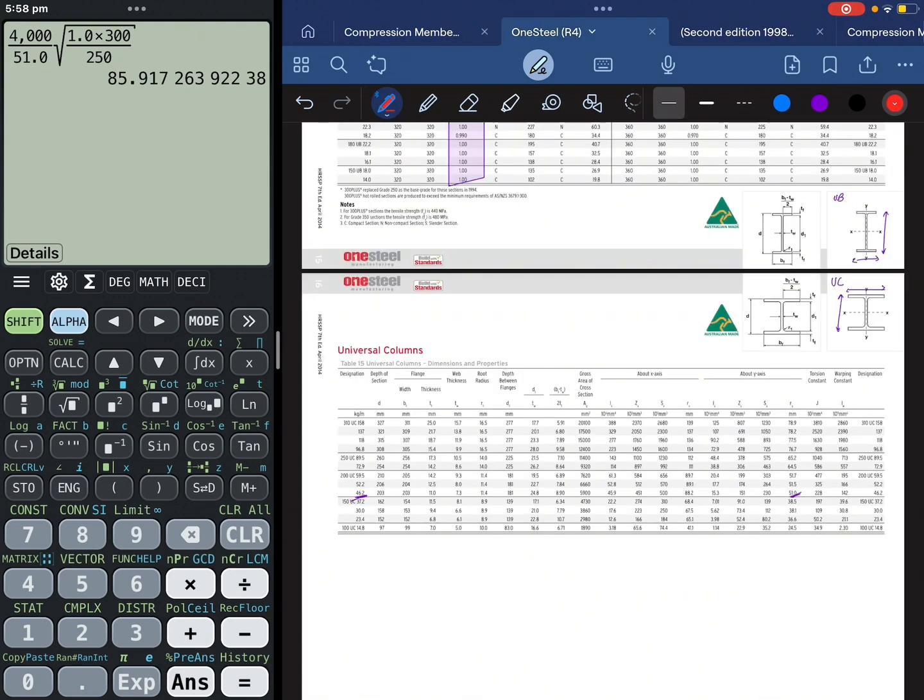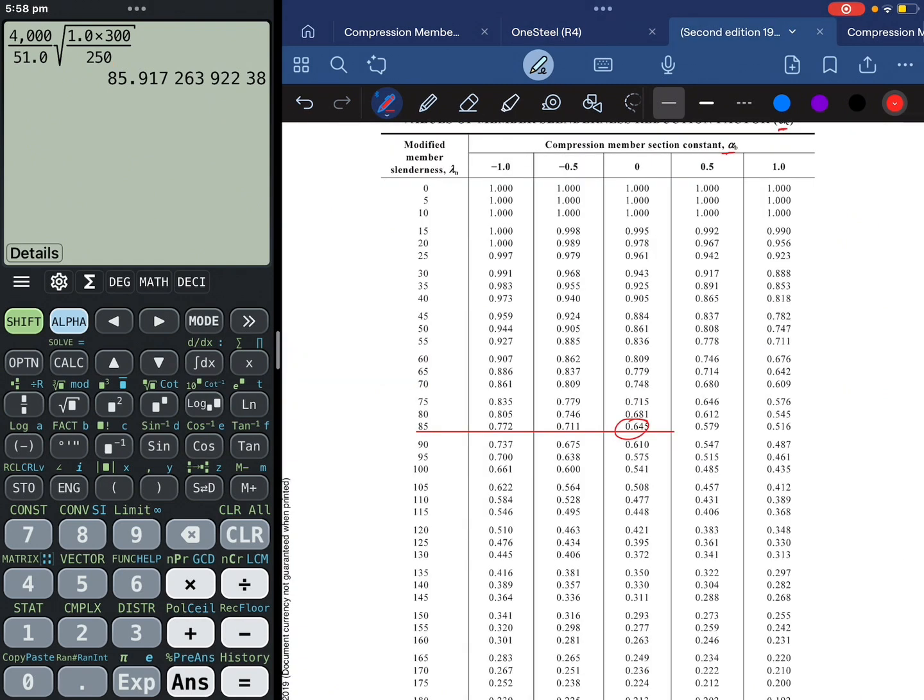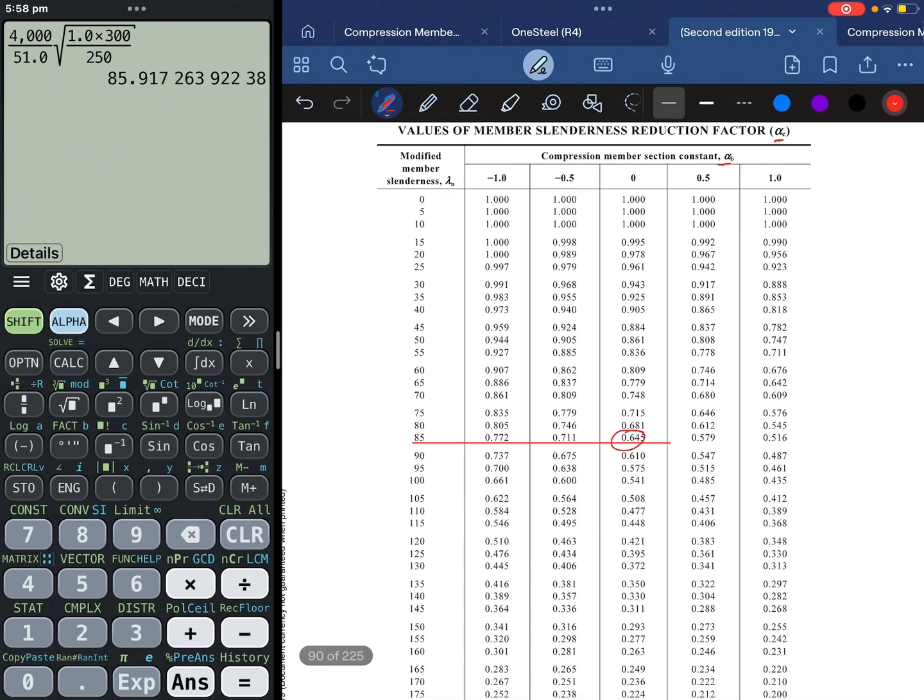One thing to keep in mind is our slenderness ratio is actually not 85, it's 85.9 in this case, so we have to interpolate between these. Interpolation basically means taking a value between these two depending on what you calculated. So we have 85.9 here, and we have to find this value here.